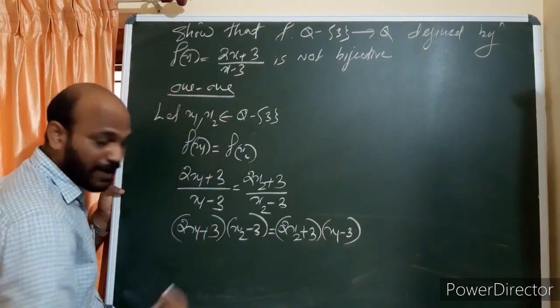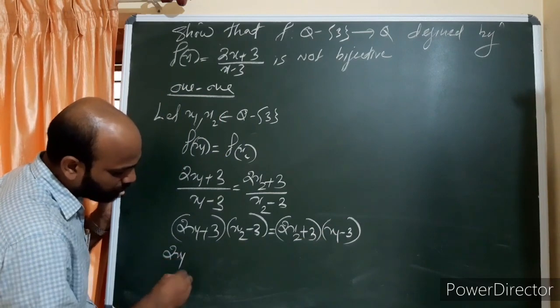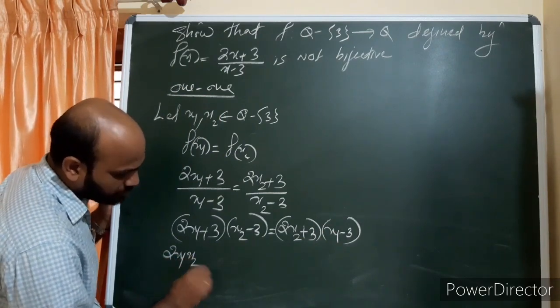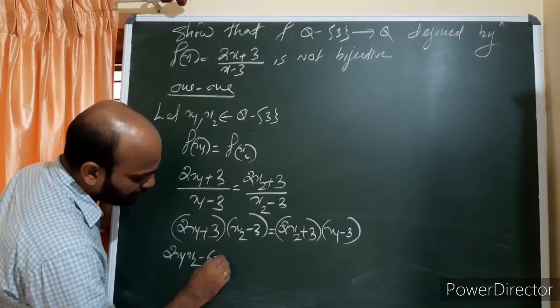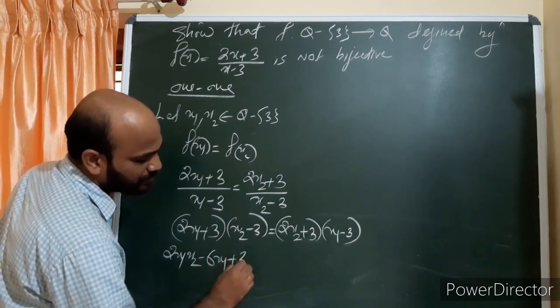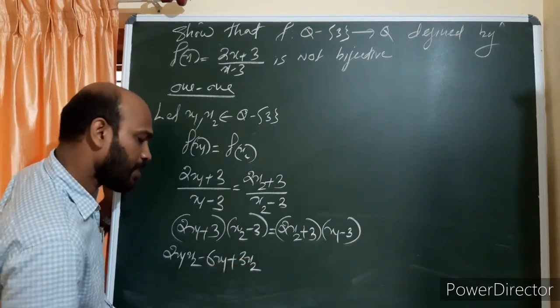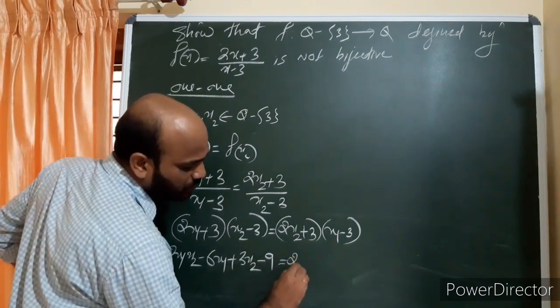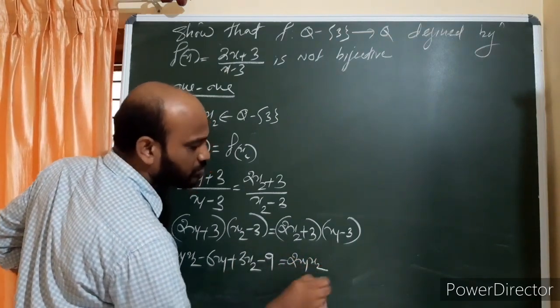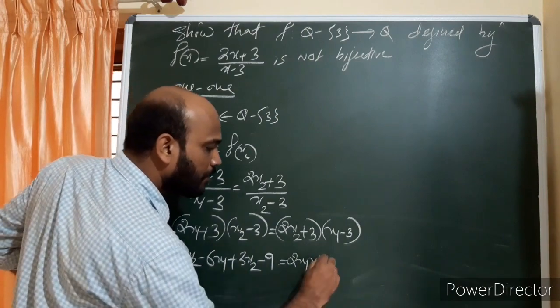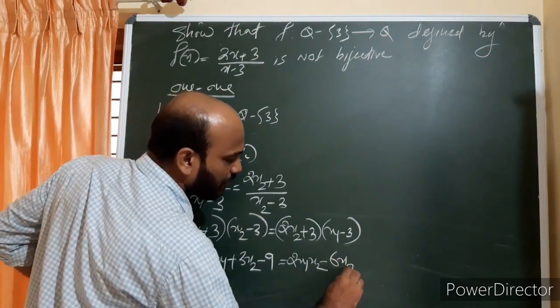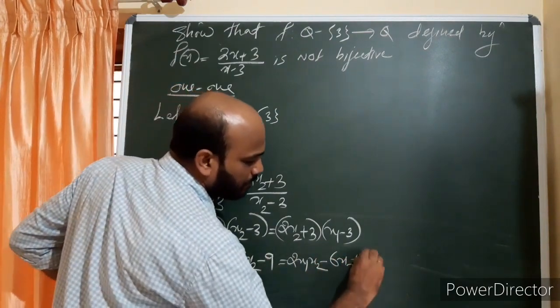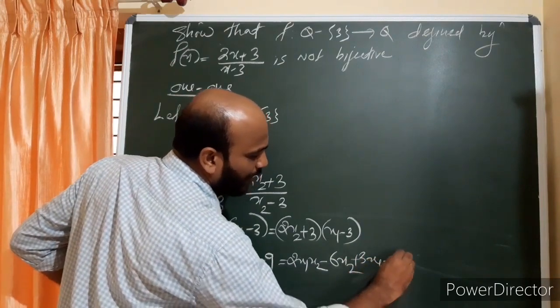Now we can expand this one. So we'll get 2x1x2 minus 6x1 plus 3x2 minus 9 is equal to, on the right hand side, 2x1x2 minus 6x2 plus 3x1 minus 9.